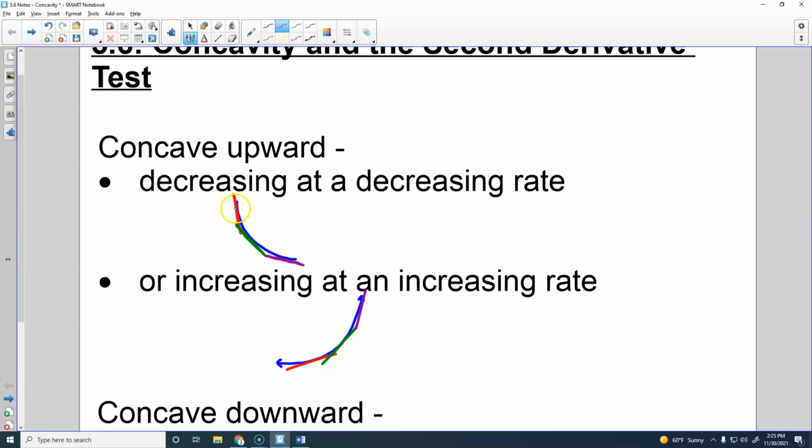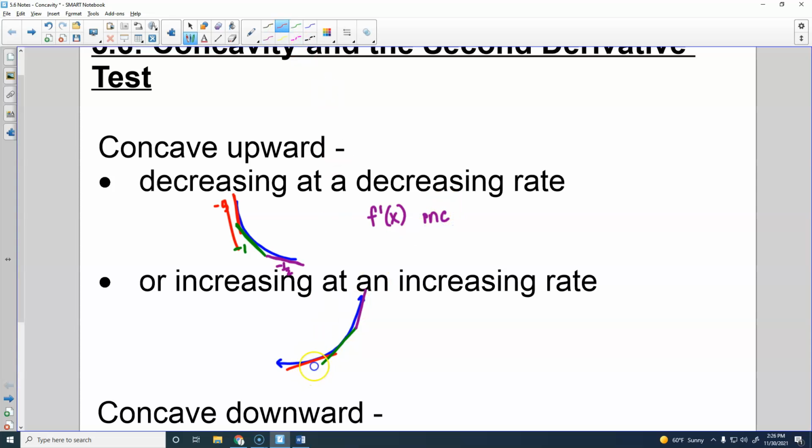Let's make an estimate. Maybe that's a -5, right? That green line, what would we say? Maybe -1? Yes, slope. All right, the purple line, -1/2, right? Are those values increasing or decreasing? They're increasing, okay? Because they're negative. If they were positive, they would be. So f prime of x is increasing.